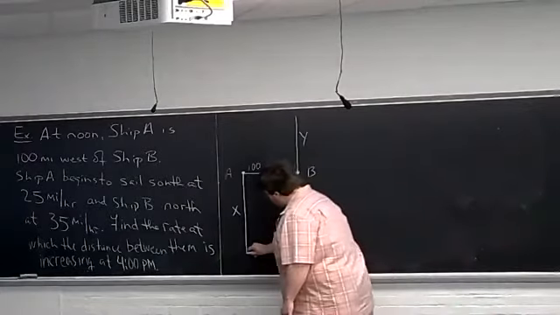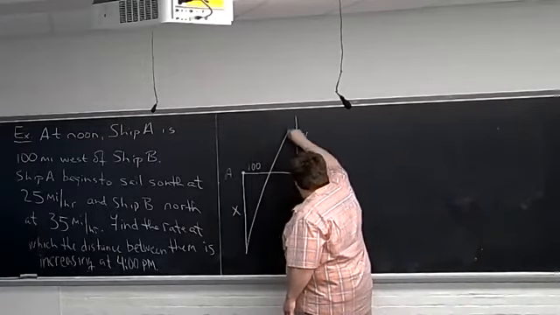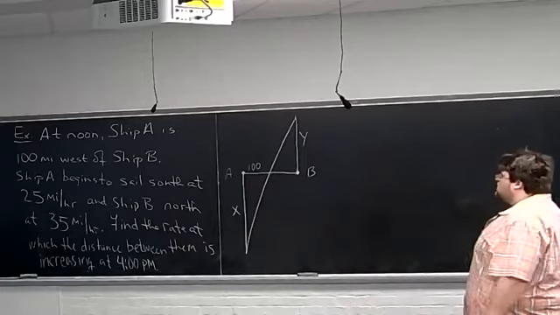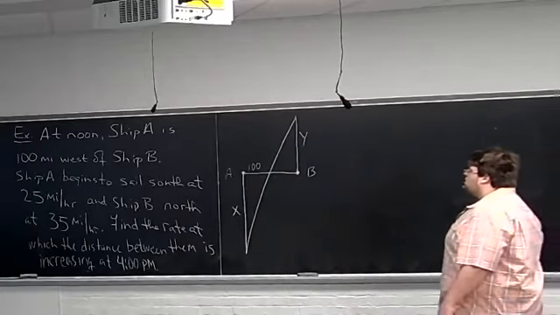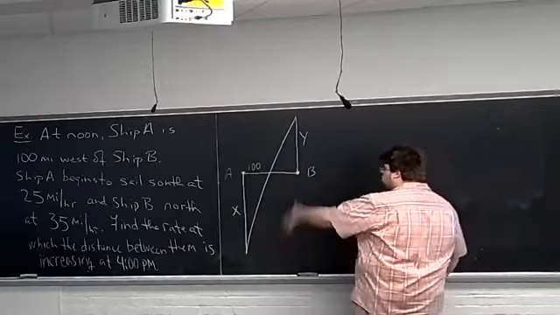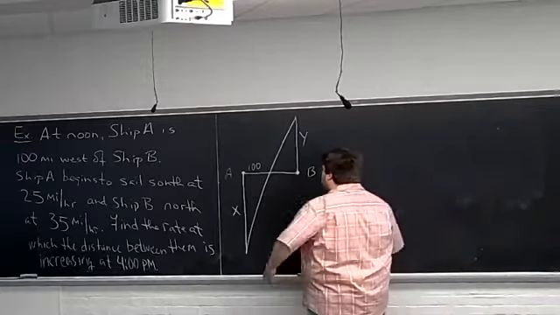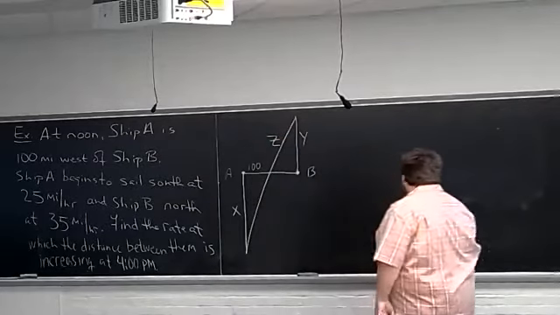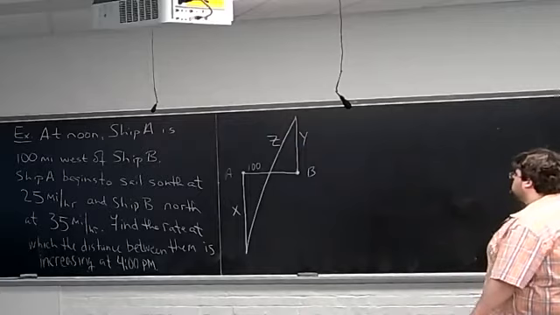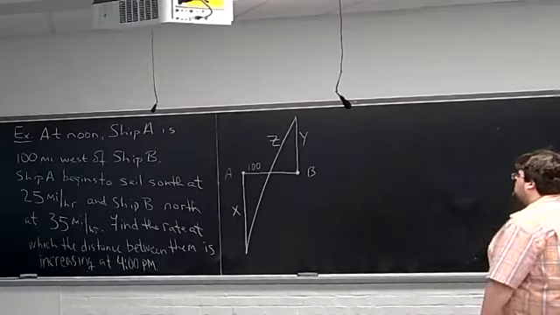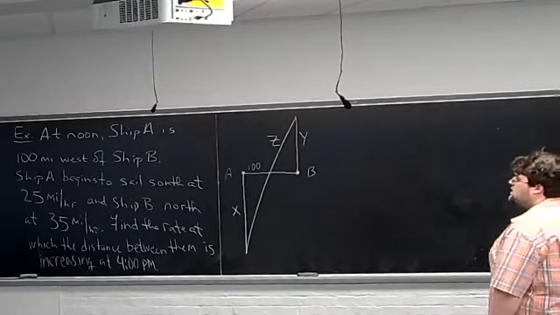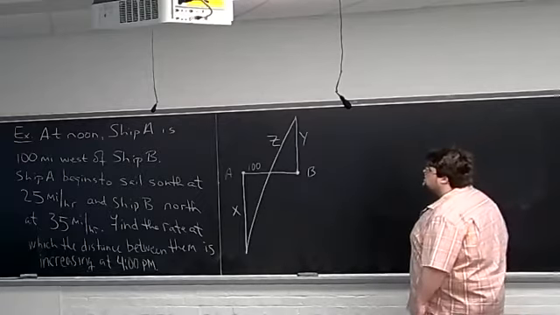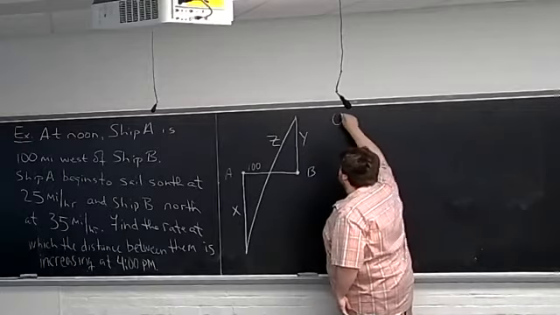Well, the distance between them is going to be measured by this diagonal quantity going through that line at 100. This distance between them is also changing, so it's another variable. Let's call it Z. And once you use X and Y, Z is pretty much the next choice. So we have here this situation. Any questions about setting up the diagram?